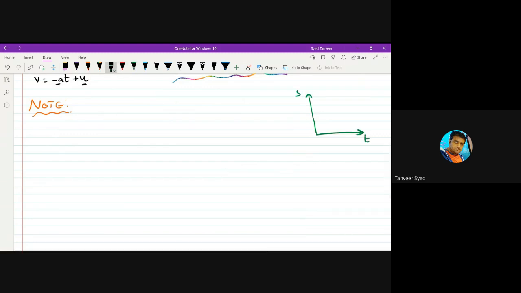ST graph for a body moving with constant velocity. It is like this. Now, if a graph is given to you like this, ST graph, and you are asked to find velocity of the body, some scale will be given here. T is equal to 0, 1, 2, 3, 4, and here some 2, 4, 6, 8, some scale will be given. Using this, how can we find velocity of the body from this graph?